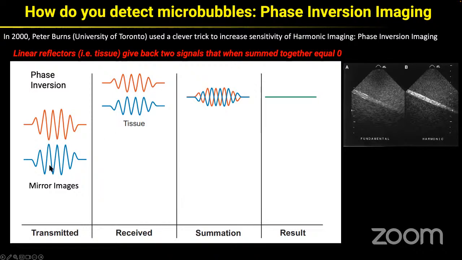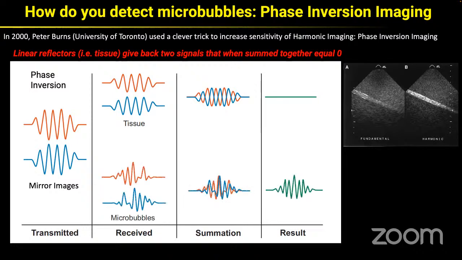Then we send in another little pulse of about five waves. And this is a phase inverted pulse. And so when we get the echo back from the tissue, when we sum them, it should cancel out. And that's kind of our tissue signal. So when we put microbubbles into this, the microbubbles are nonlinear reflectors.